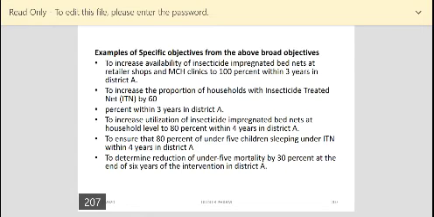Here, availability of insecticide impregnated bed nets at retailer shops and what? Mother and child health clinics.